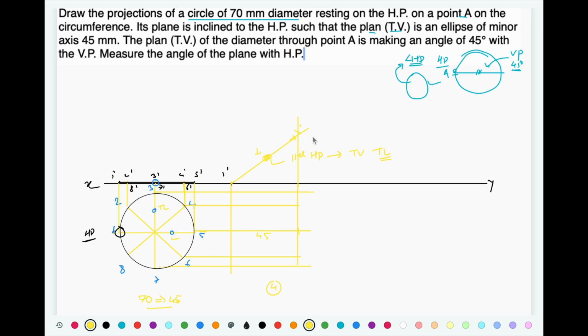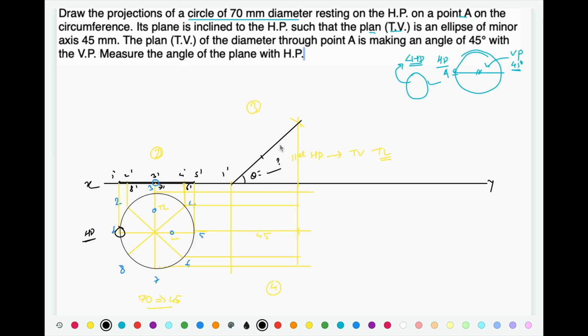Let me erase that line, it is not supposed to be there, we just considered it. So I'll project this line at 45 mm vertically upward. Now this front view from step number 2 is to be drawn in step number 3 once again. So I'll take that distance in a compass, with 1 as center, and we'll have an intersection with this one, and this is the theta that we have been asked.